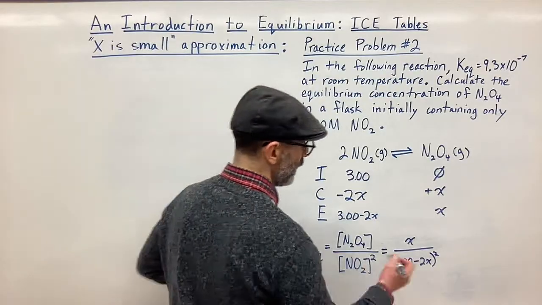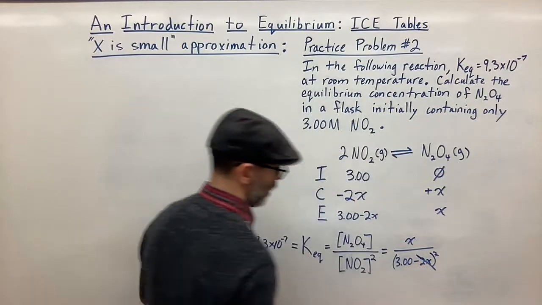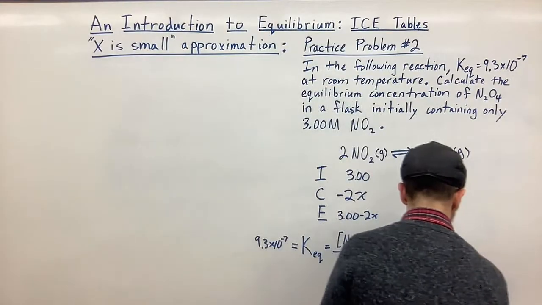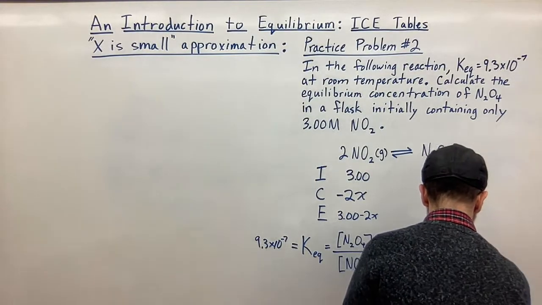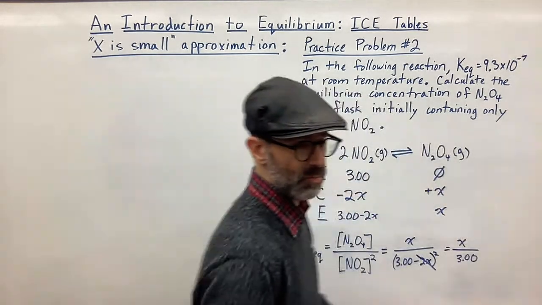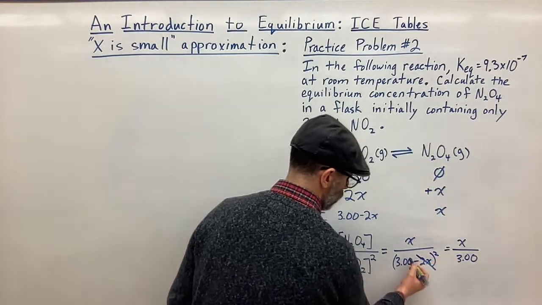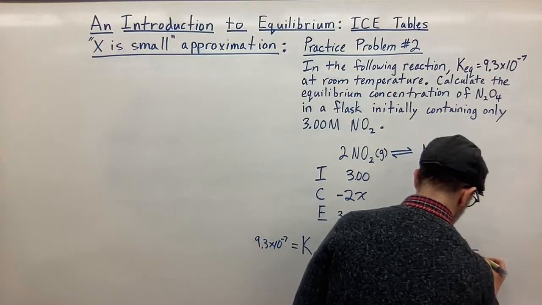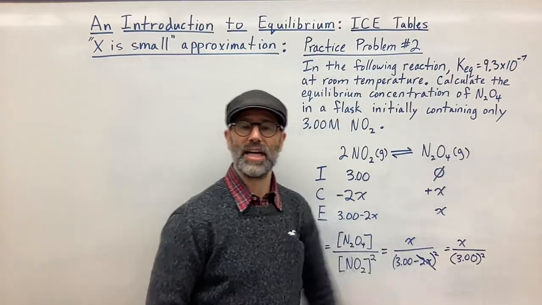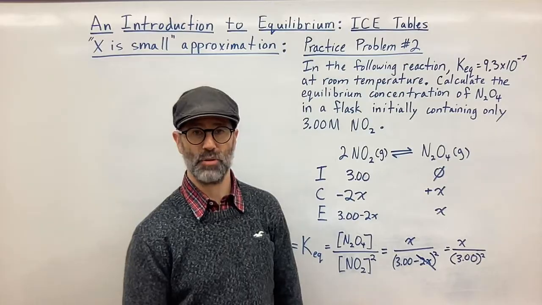Okay, so let's go ahead and eliminate the X, this part here. So we can get rid of the 2X, and then that's going to simplify to X over 3.00 squared. I forgot the squared there, so you don't forget it: it's going to be 3.00 squared. Notice how that has become a much easier problem to solve than having to use the quadratic formula.